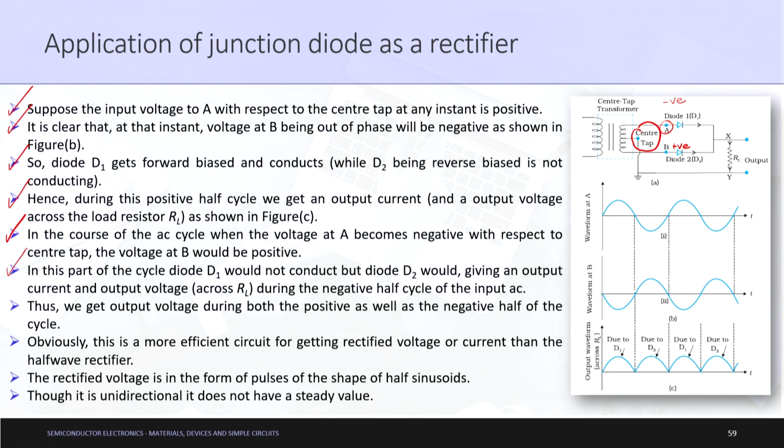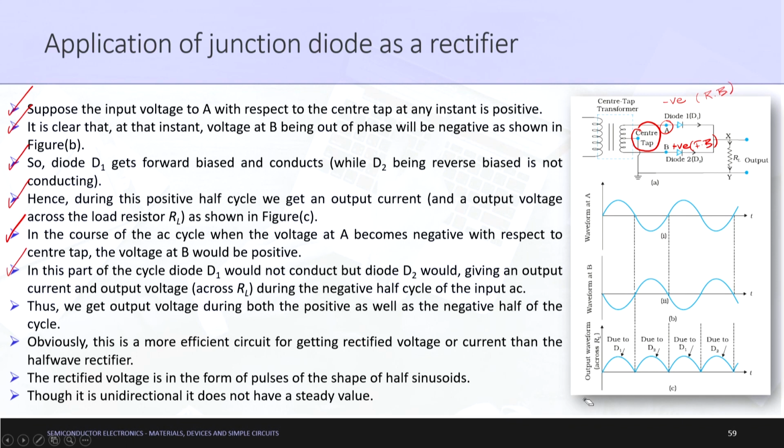In this part of the cycle, diode D1 would not conduct. Why would it not conduct? Because it will be in reverse biasing. But diode D2 would, so this will be forward biasing, giving an output current and output voltage across RL, which is obtained like this.